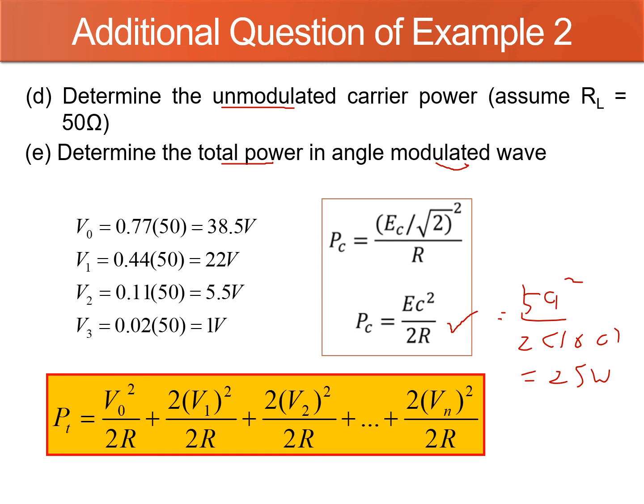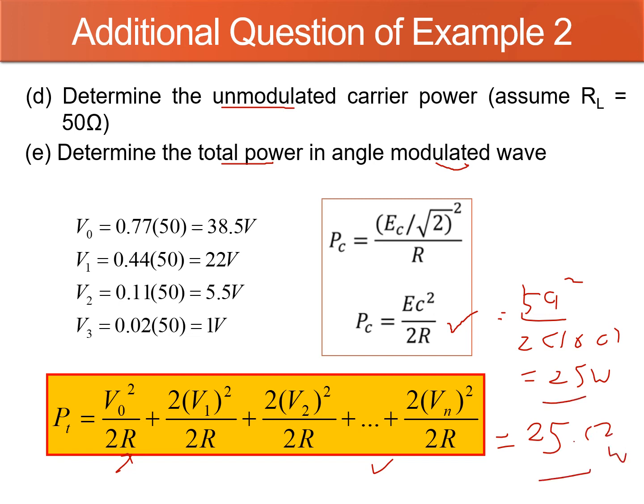For the total power in the angle modulated wave, here is the equation. Substitute all the information here: V0, V1, V2 and V3, as well as the value of R, and you will get the total power of the modulated signal, 25.12 watts.